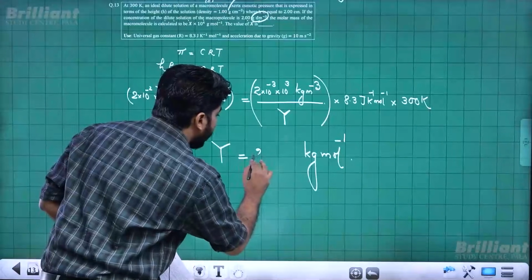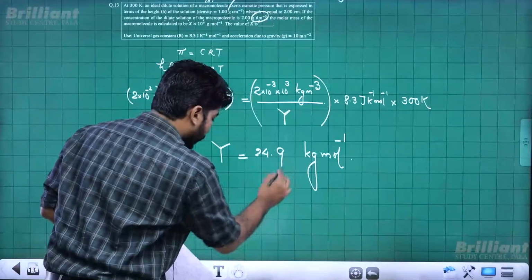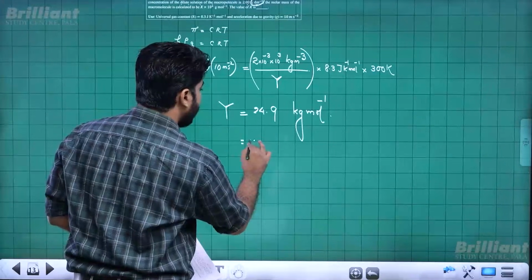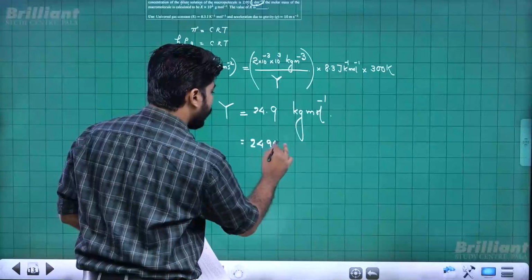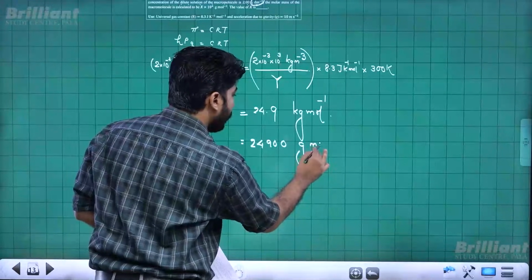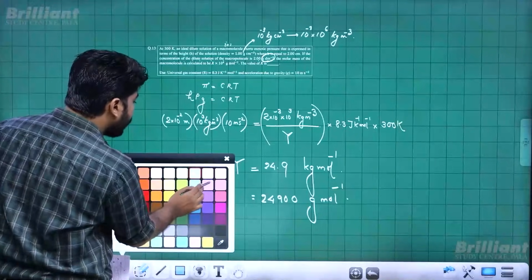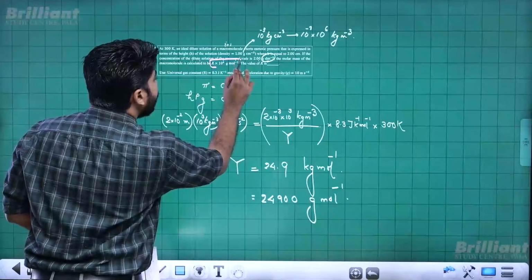The exact calculated value is 24.9 kilograms per mole, which is 24900 grams per mole, and we want to express the molar mass in terms of x into 10 raised to 4 gram per mole.